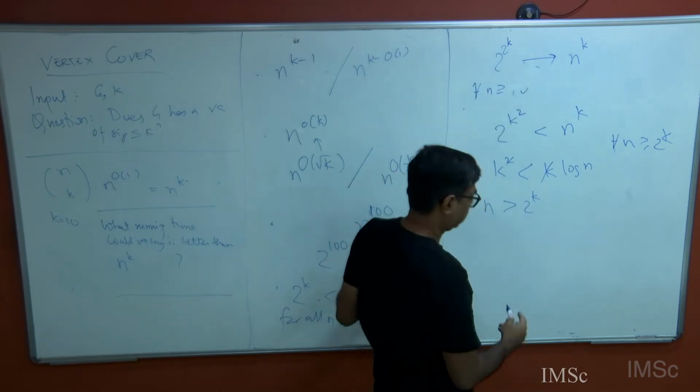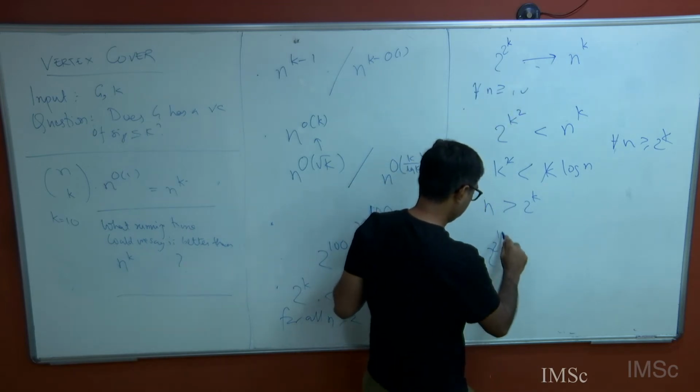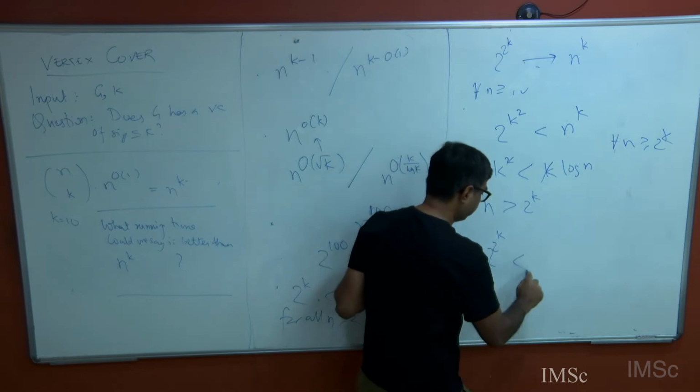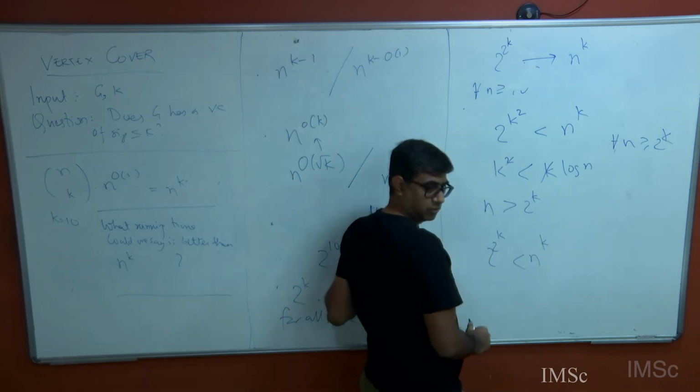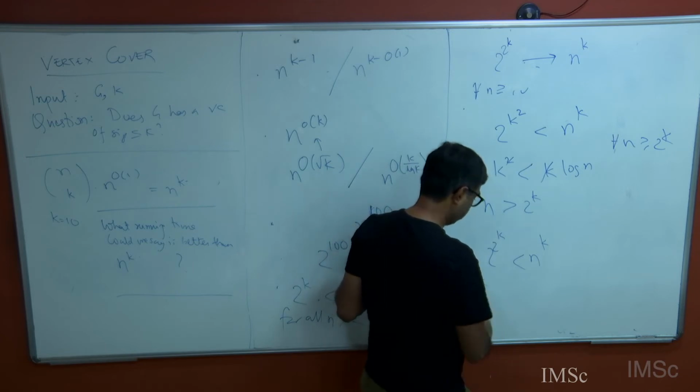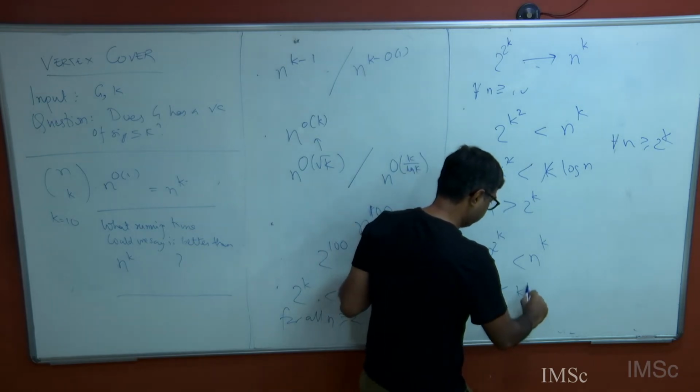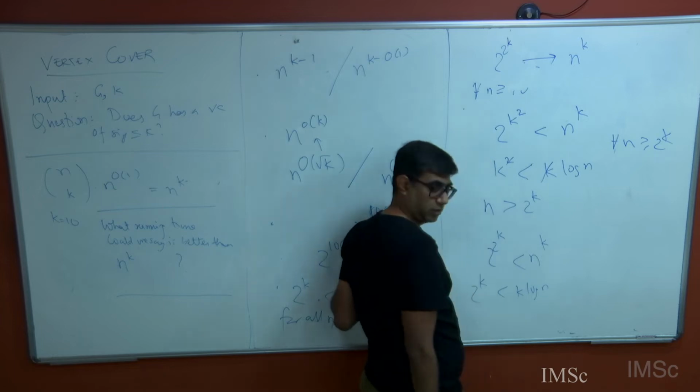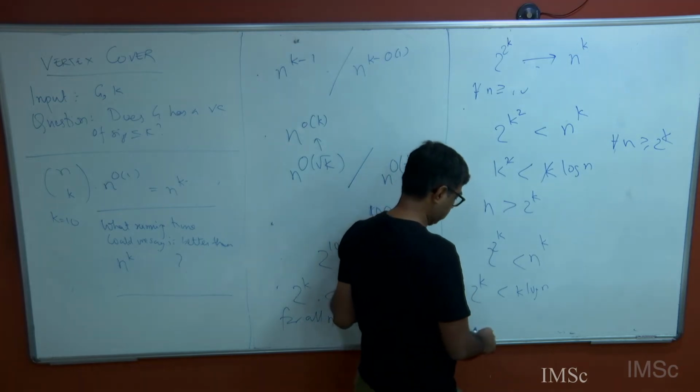Here, what can I say? 2 power k, I want to say this is less than n to the power k. So let's take one log. So 2 power k should be less than or equal to k times log n. Take another log.